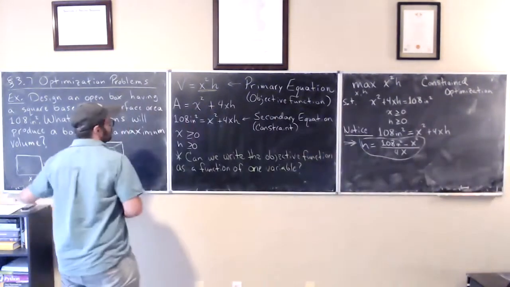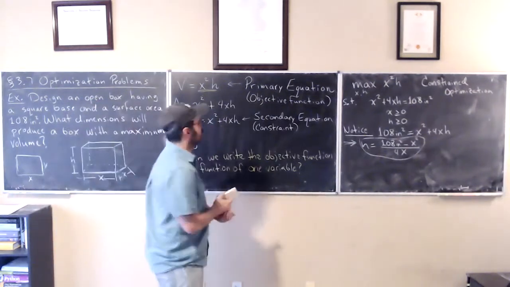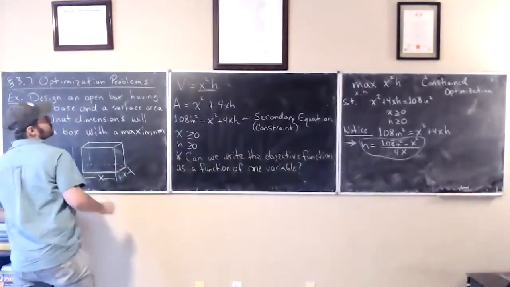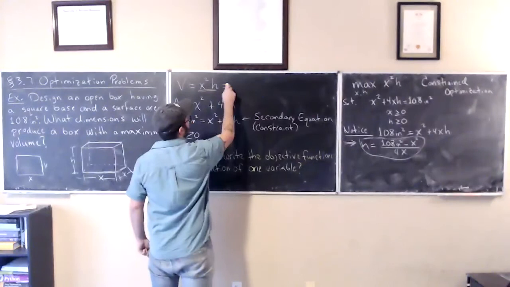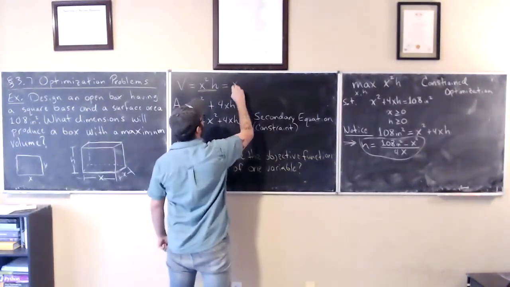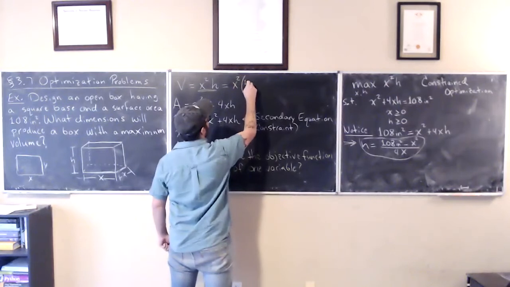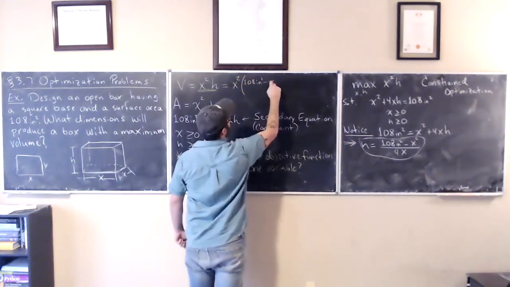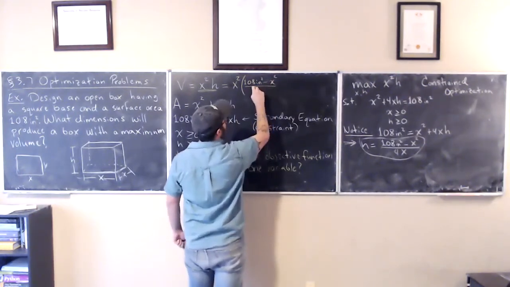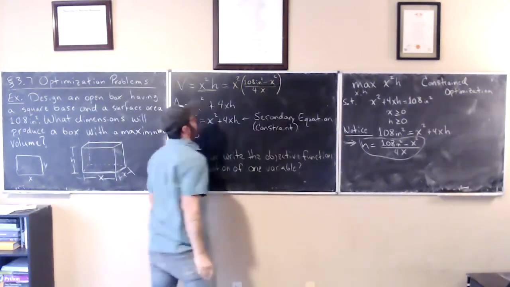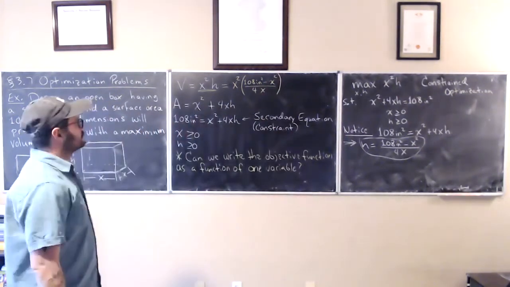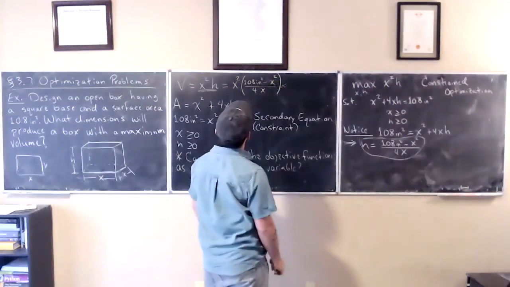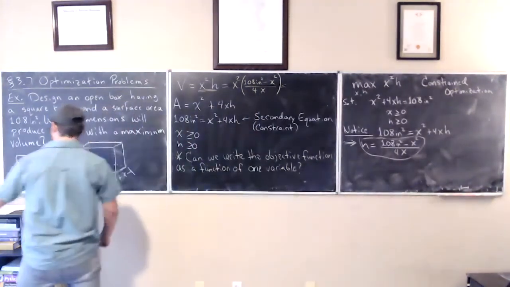So really, what does our objective function become when we do that? If I substitute in for h, what in terms of x. So this becomes, what is that? So I have a 4 there.